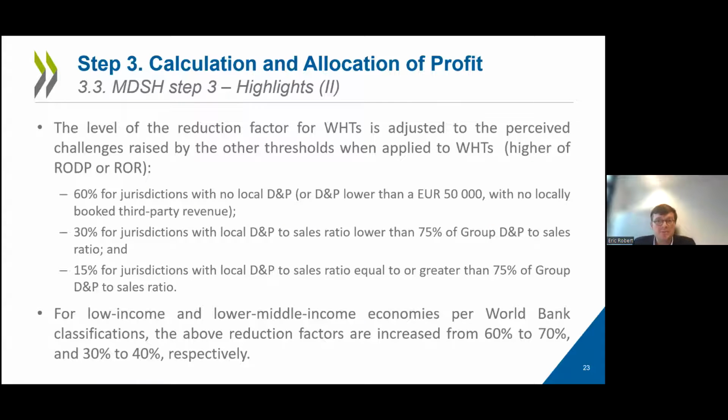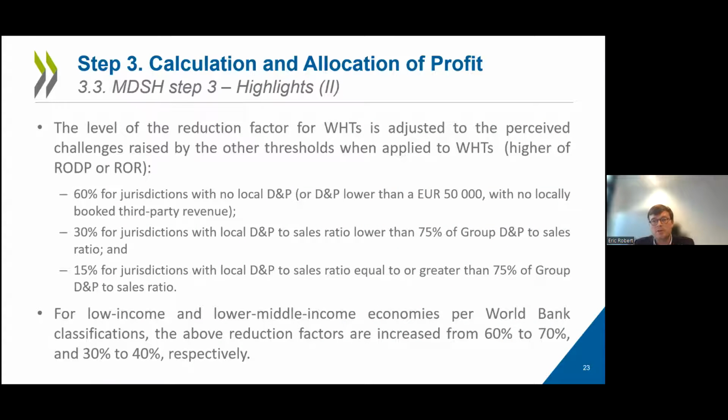So a 60% cut, where there is no local DP within the jurisdiction, applies to the upward adjustment. A 30% cut would apply in a scenario where there is some DP, but that DP is relatively low compared to the DP of the group.